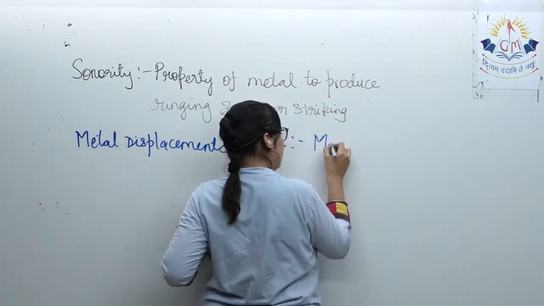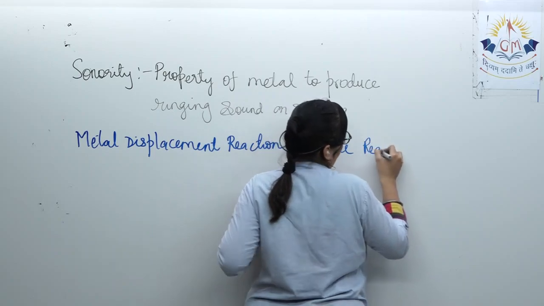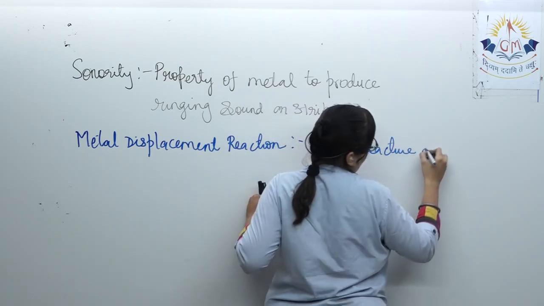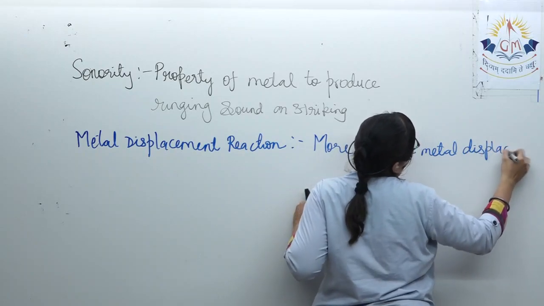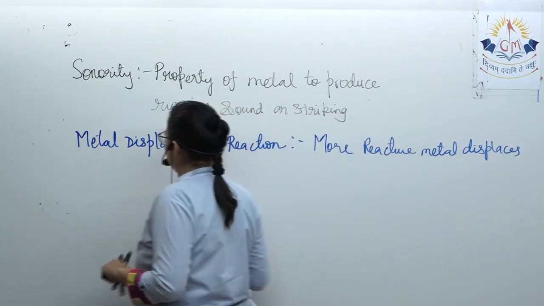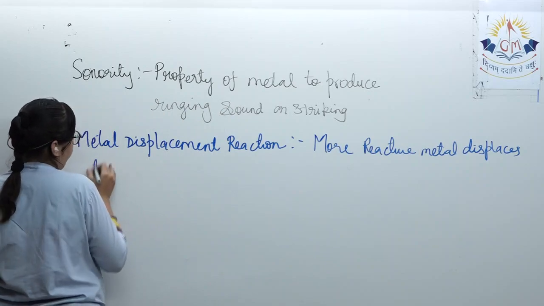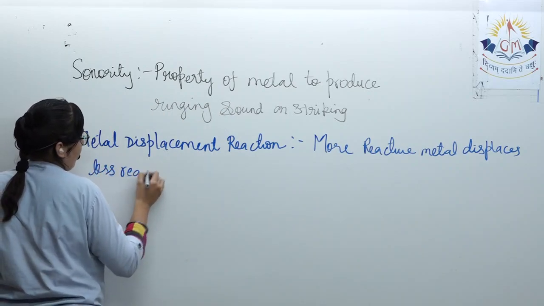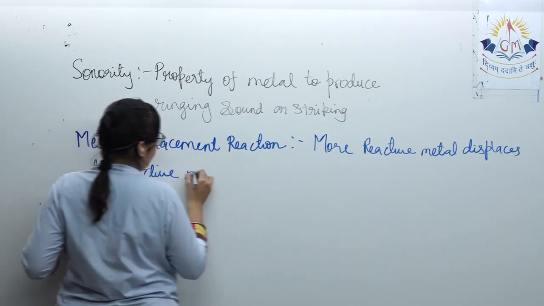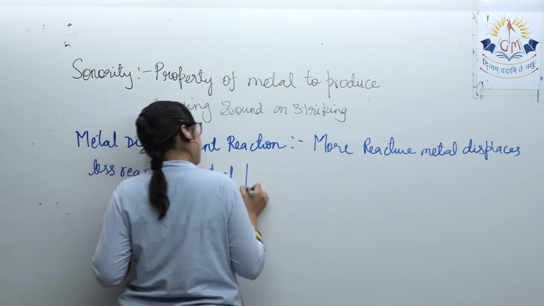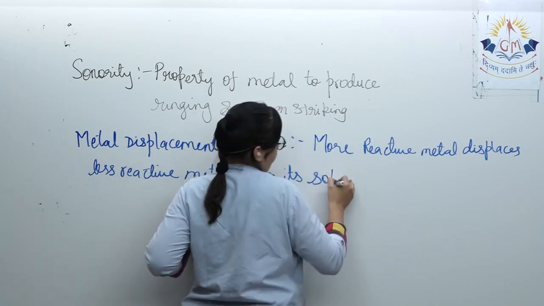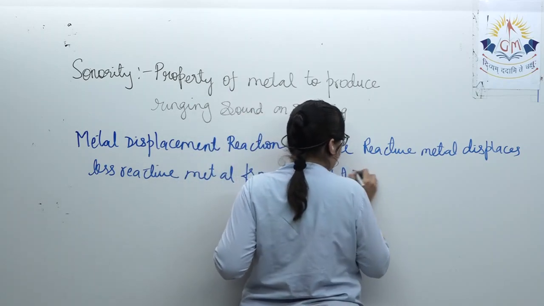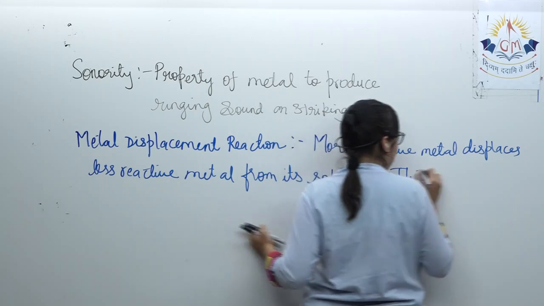A more reactive metal displaces a less reactive metal from its solution. This reaction is called a metal displacement reaction.